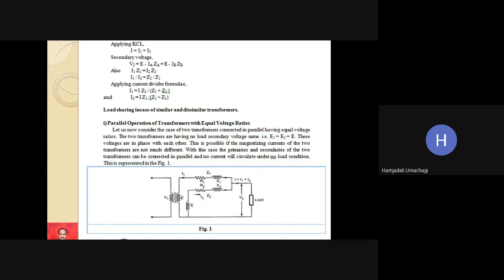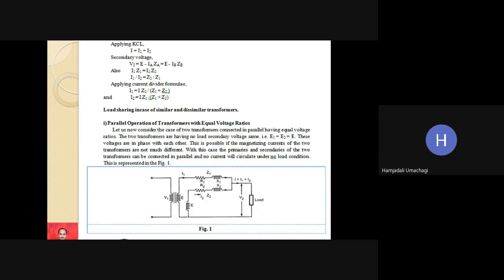If you apply KCL at this point, the total current I supplied to the common load is I1 plus I2, and the voltage available across the load is V2. Here two transformers are operated in parallel. This is the first transformer and this is the second transformer.